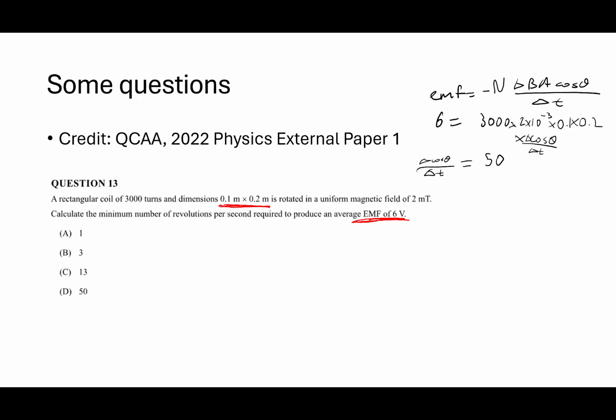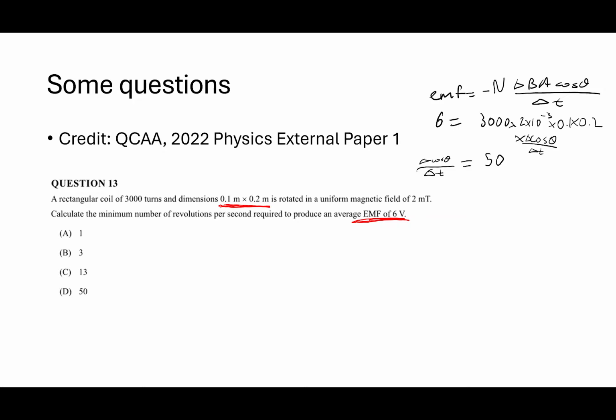Now, where do we go from here? Does anyone have any ideas? That's fair, Han.